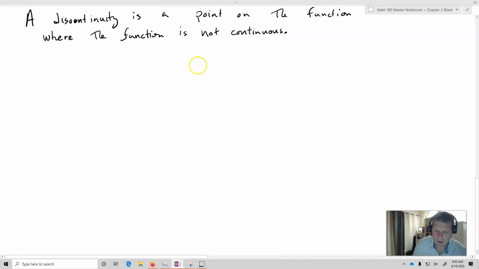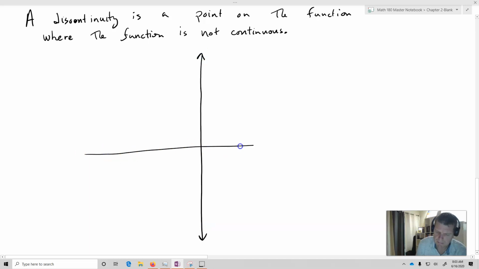Okay, so let's start out with what we call a jump discontinuity. These are kind of the easiest ones to see.